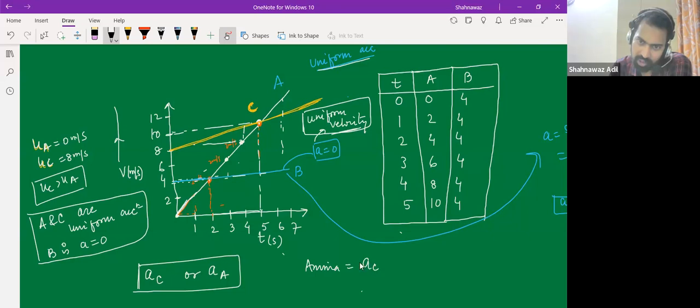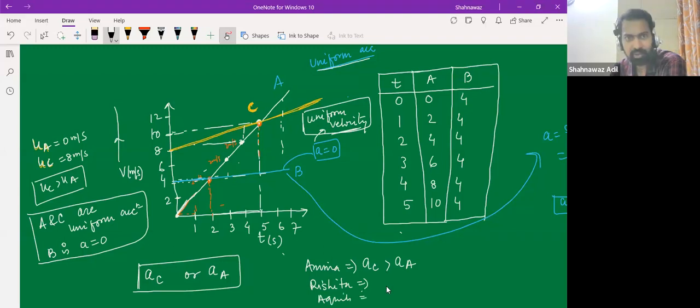So Amna's answer is that C has the greater slope, so AC is greater than AA. Rishita, what is your answer? And Akib, what is your answer? Quickly tell me, guys. Which slope is bigger? The AC slope is bigger. Okay, Akib, what about you?